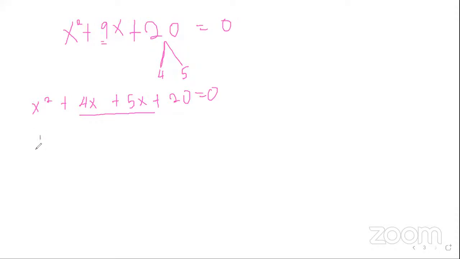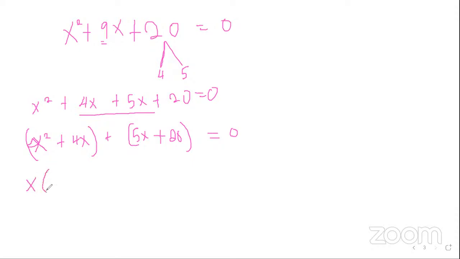Now we do the grouping in pairs. So this will be x squared plus 4x, that is one pair, plus 5x plus 20, this would be another pair, and we equate to 0. Then we identify a common factor in the first bracket and a common factor in the second bracket. The common factor in the first bracket is x.